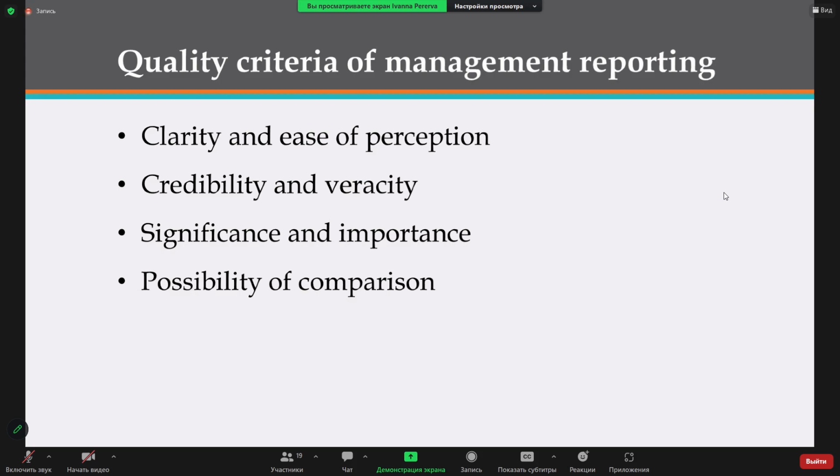Next one is credibility and veracity, тобто достовірність та правдивість. It means that all data used in this report must be real. It should always be true according to your business transactions. At the same time, it's necessary to take into account that management reporting may contain some error and does not require absolute accuracy, unlike our accounting reports.